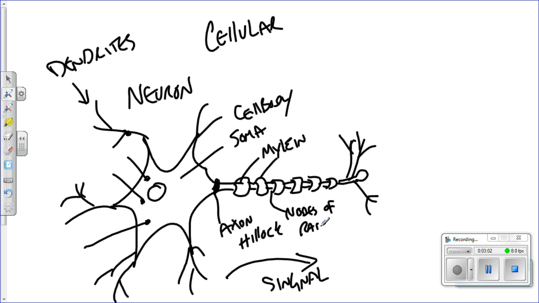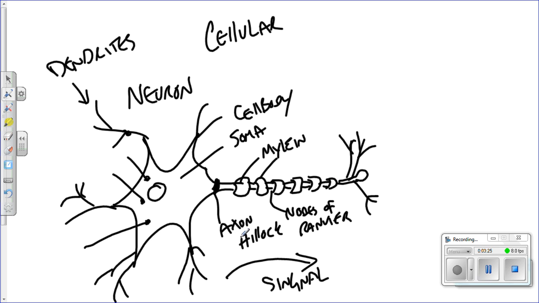Those are going to be important when we establish what's called continuous conduction of signal and what's called saltatory conduction of signal. These areas are going to be the areas that depolarize. They won't depolarize at the myelin sheaths because of that barrier to the surrounding area and the inability to have gates.